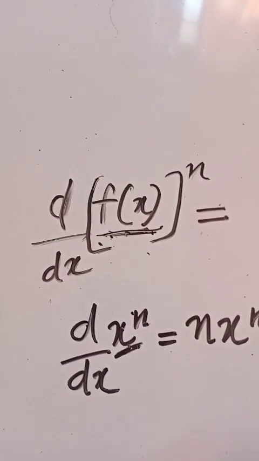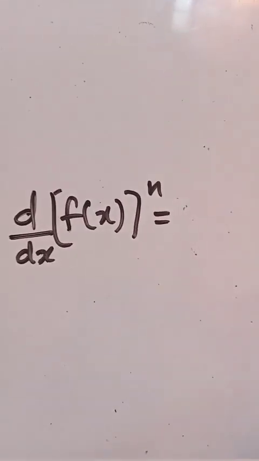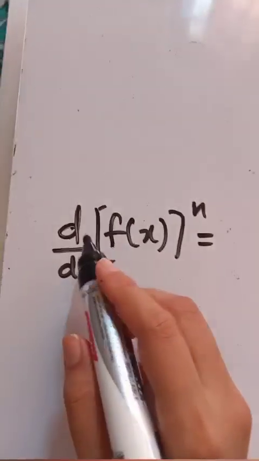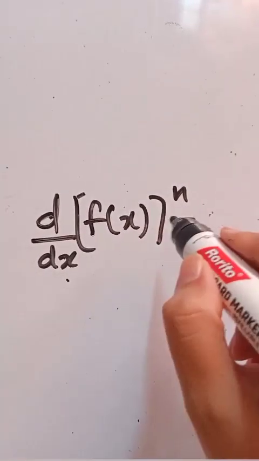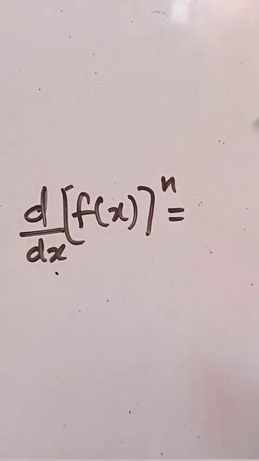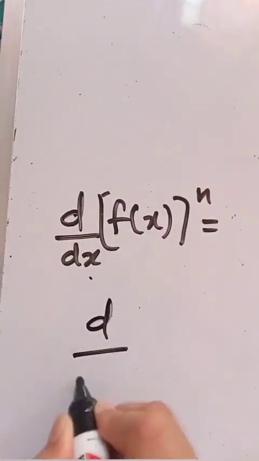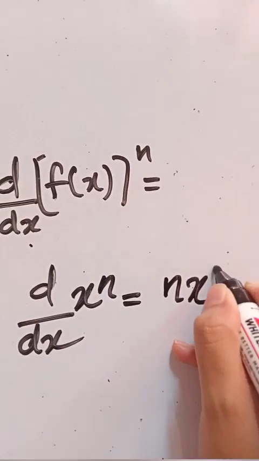Next let's see how to differentiate a function of x. So let's take an example. D by dx of f of x the whole raised to n. Before differentiating it, let us check the formula we have learned earlier. D by dx of x raised to n is equal to n x raised to n minus 1.